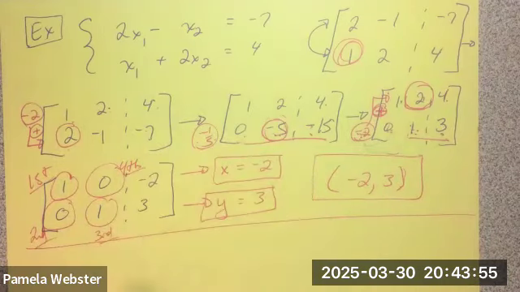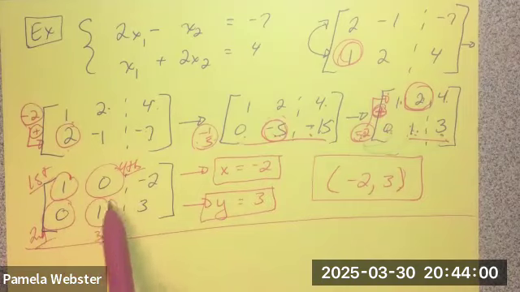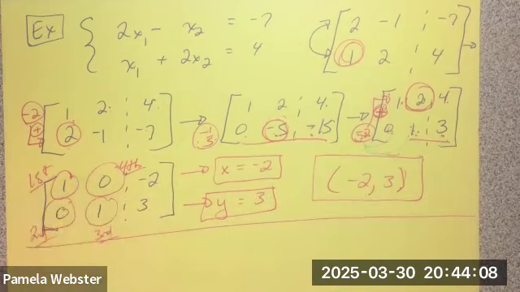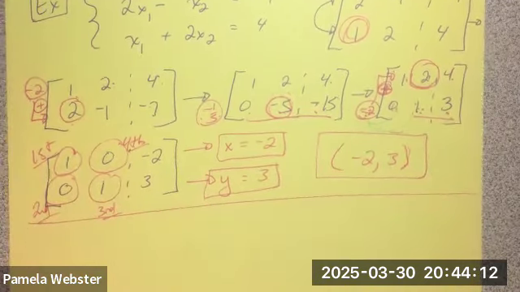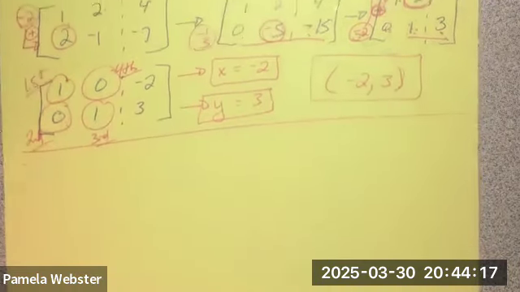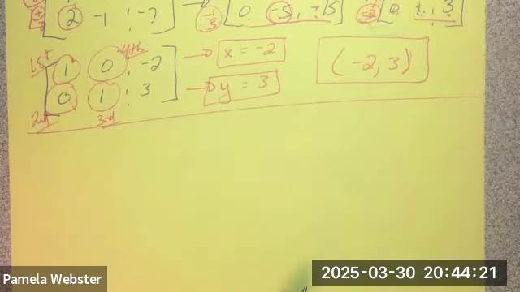I see a lot of students make this a 0 and then go back and add something down so that they can get the 1 here, but that makes that not a 0. So once you've got that 0 in place, you want it to stay there. Once you've got this 1 in place, you want it to stay there. So make sure you're not undoing math you already did. We wanted a 0 there for a reason, so keep it there. We can multiply that 0 by stuff, but we can't add to it without messing it up.